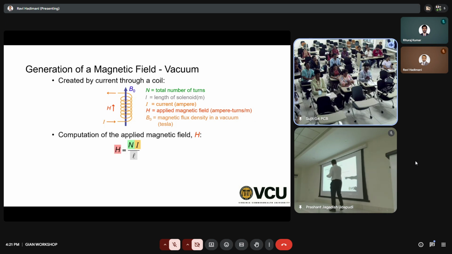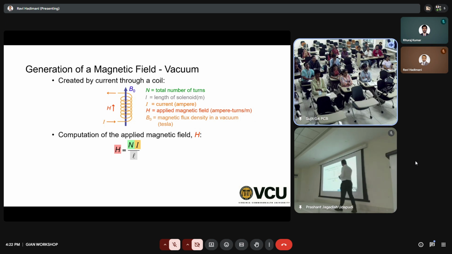The strength of the magnetic field is represented by H. Remember that H is the magnetic field, and B naught, or B, is the flux density. Just keep that in mind; we will come back to it. B in air is just B0.